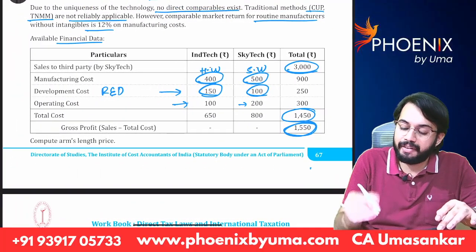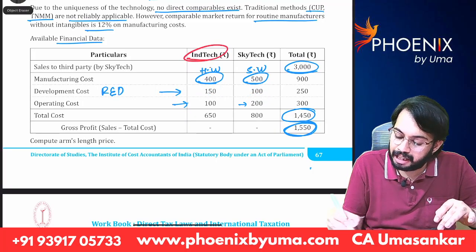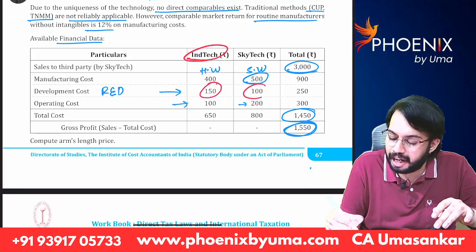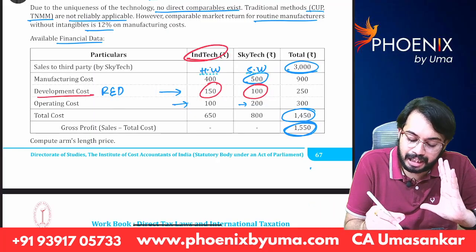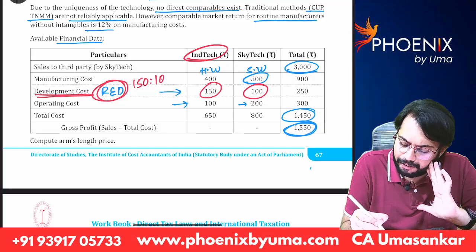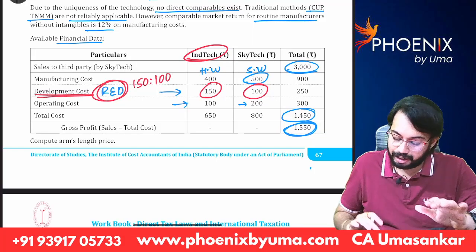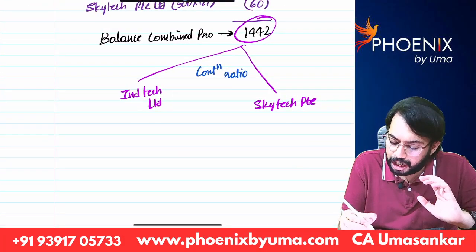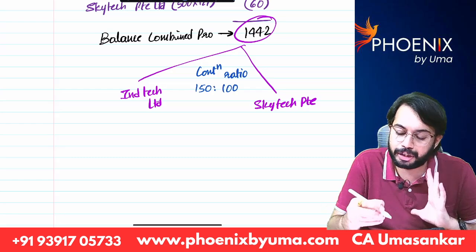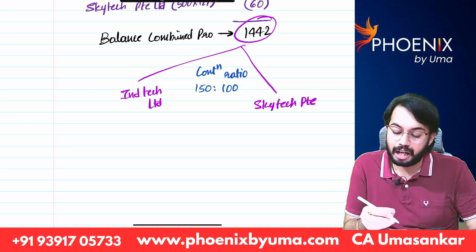How much R&D was done by Inditech? Inditech has done R&D of 150, correct? SkyTech has done R&D of 100. So the R&D effort kept is 150 is to 100, correct? So here the contribution ratio is 150 is to 100. Based on that contribution ratio, we are going to apportion the combined profit.